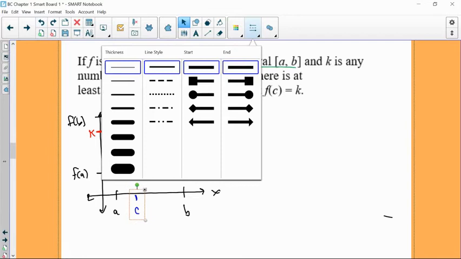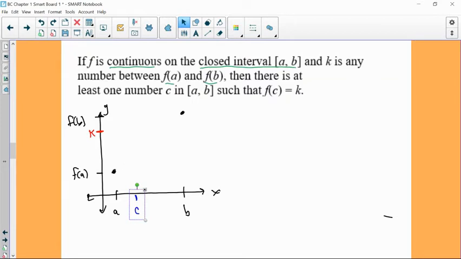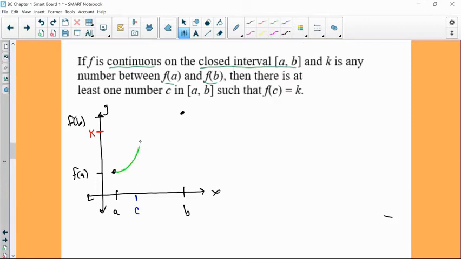So maybe our function looks something like this. Let me go to my pen. It starts here, maybe it goes something like this. I wanted a different color, so let's go to green. Like some function, and it goes to there. Okay, it's continuous and it's closed.